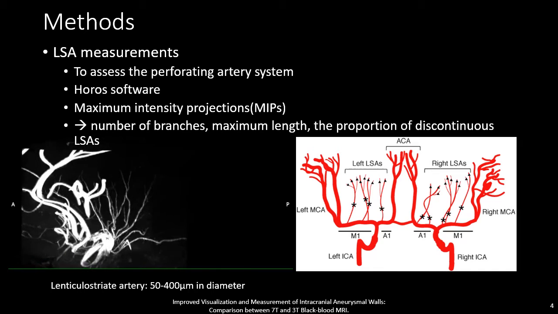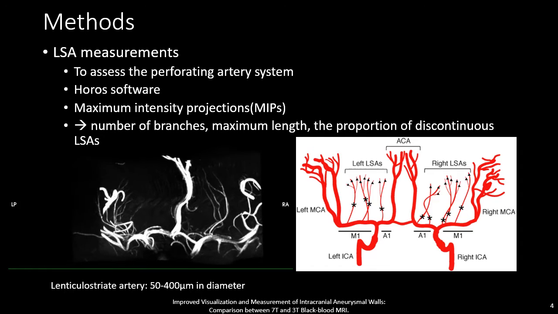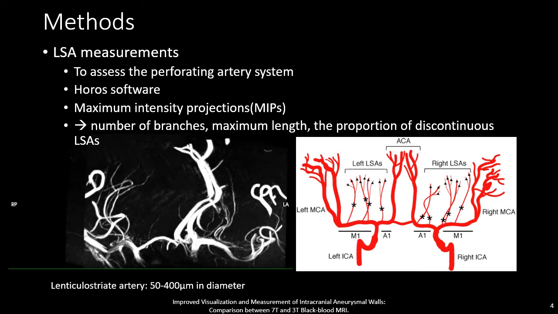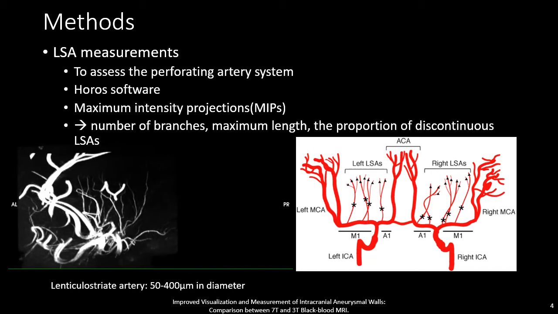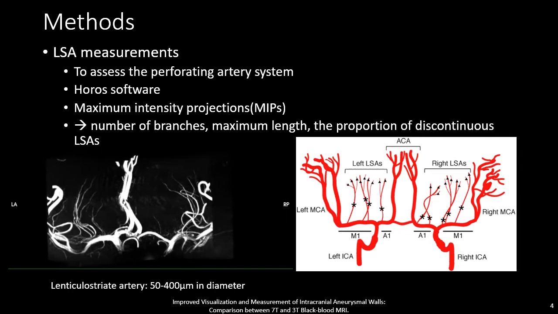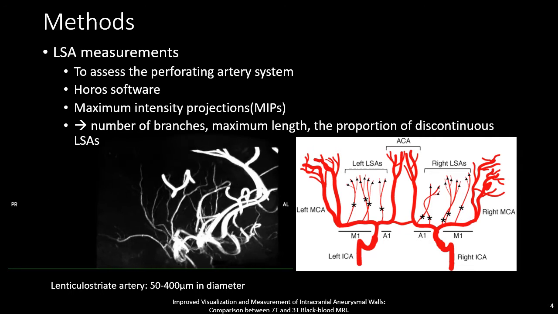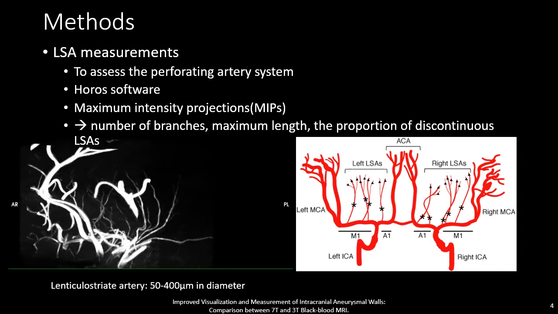Firstly, we want to use TOF to assess the perforating artery system and find whether this supporting system of the brain changes and whether it is related to the clinical condition of CADASIL. Here is an example of a maximum intensity projection (MIP) result of 3D TOF-MRA.